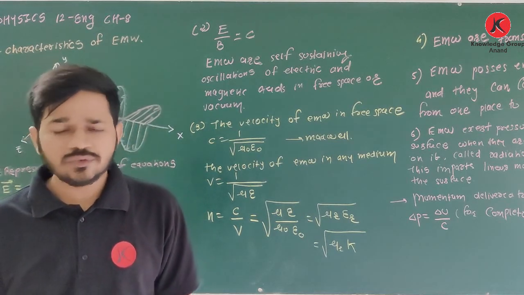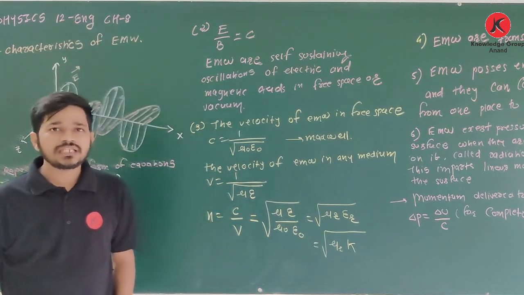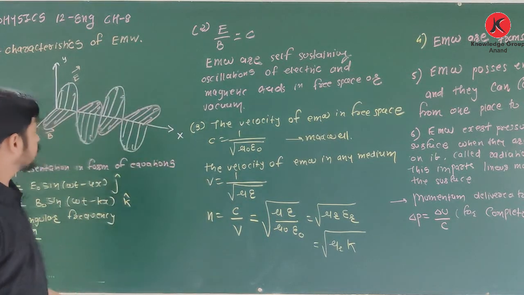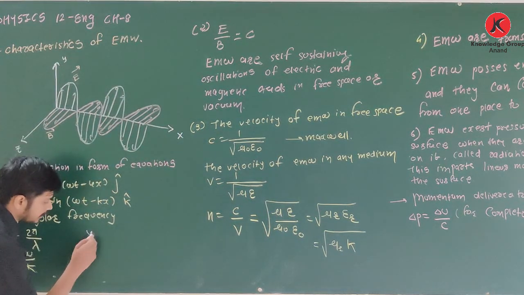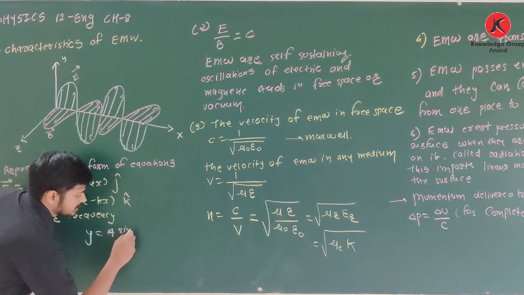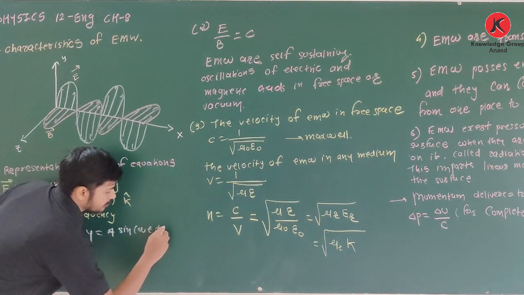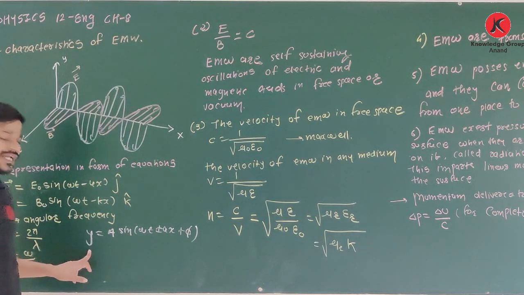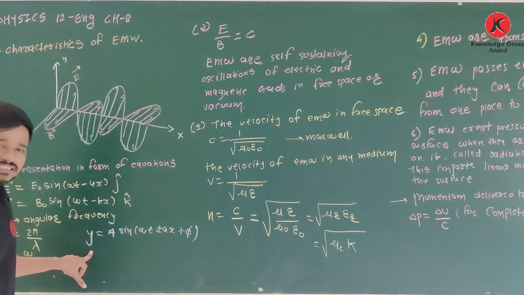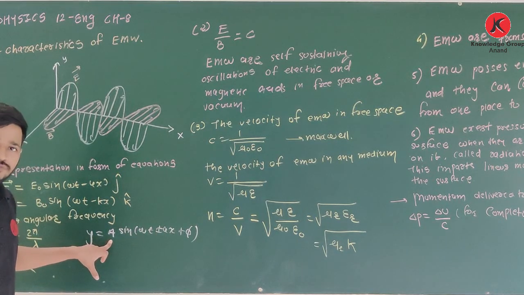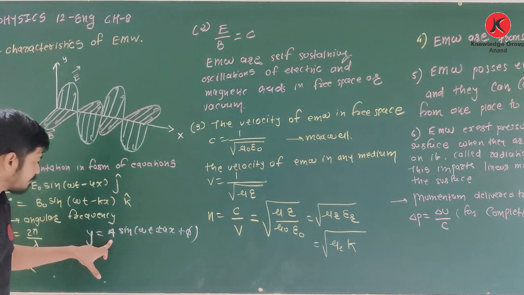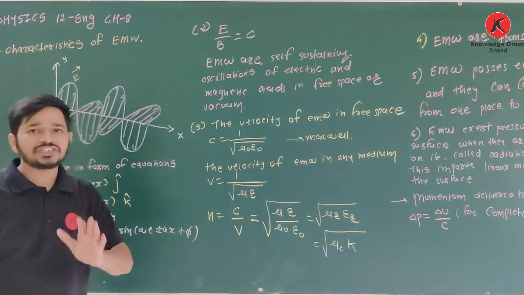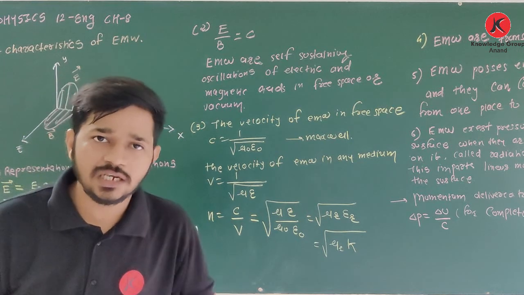We know that y is equal to a sin(omega t plus or minus kx plus phi), where y is the displacement at time t at distance x, a is the amplitude, meaning maximum displacement, omega is the angular frequency, k is the wave vector, and phi is the initial phase.